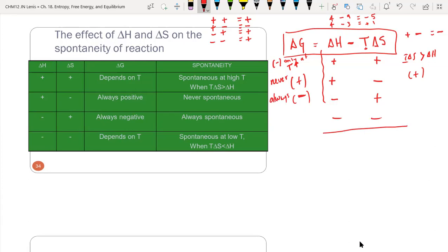Let's analyze. So this is going to be negative, right? So we have, let's say, -4. Let's use the same numbers we have here. Negative, and this is going to be negative. So negative 4 minus 9. How much is this?